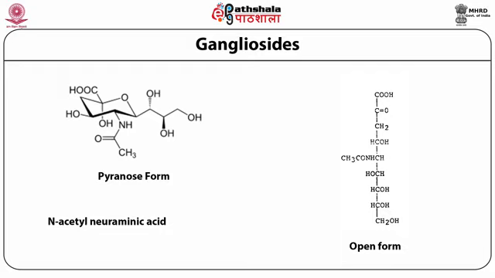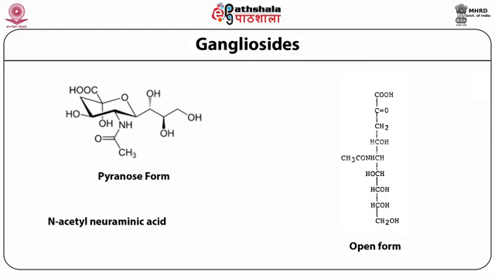Gangliosides have a specific structural unit inasmuch as the oligosaccharide chain in gangliosides contains an acidic sugar called sialic acid. Sialic acid also has another name, which is N-acetyl neuraminate. Its structure is shown in the slide.